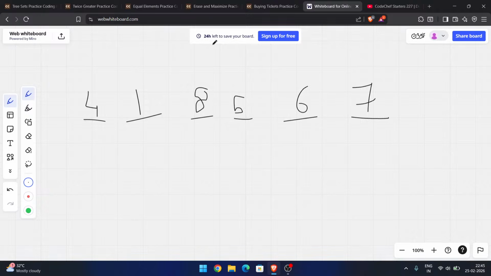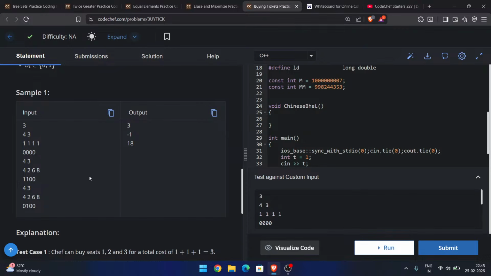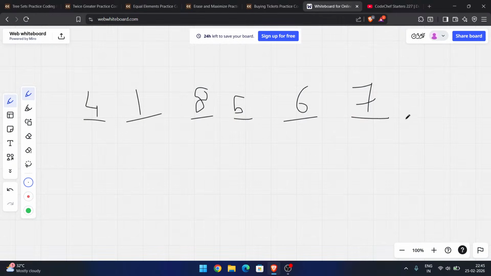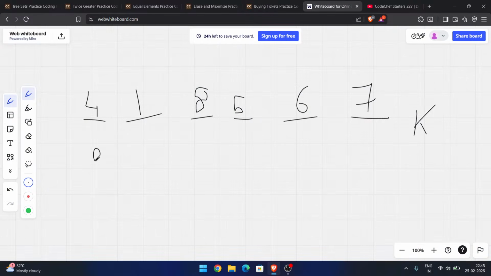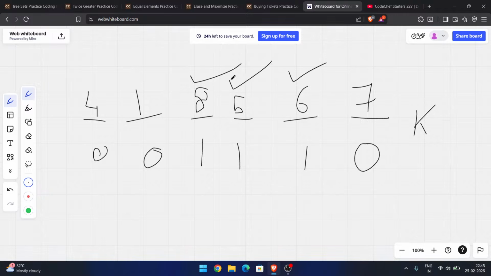Okay, so what do we have to do? We have to buy K tickets. But we are also given a string. So basically this string shows that if it's one, then that seat has already been taken. These three seats are taken, so we can't take them.